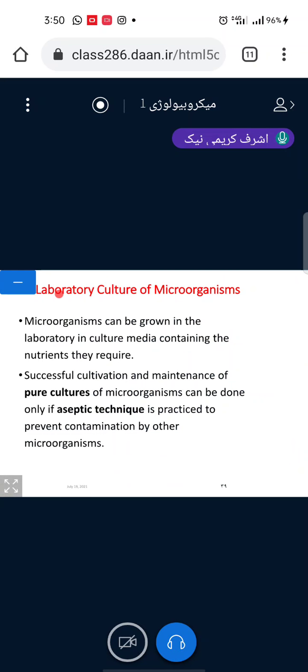For example, the media named Campy BAP for Helicobacter pylori. This media has 3 antibiotics.